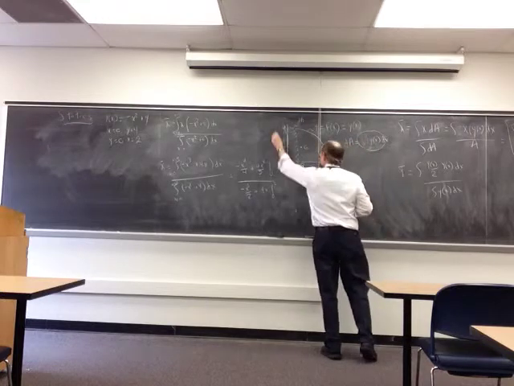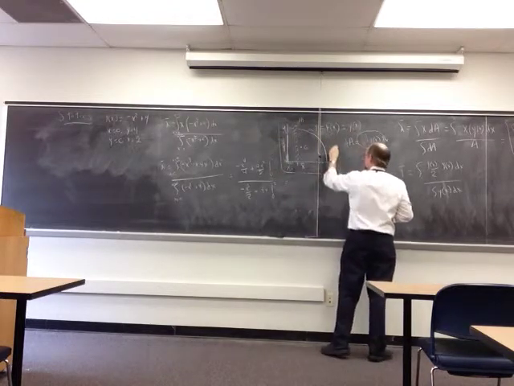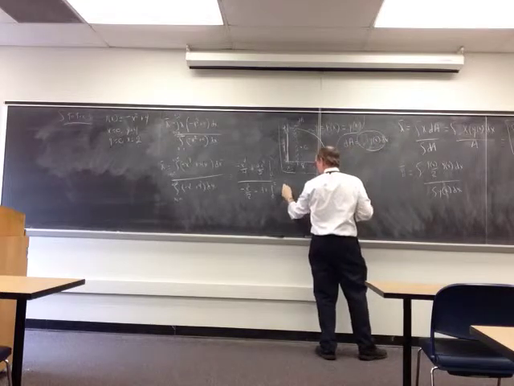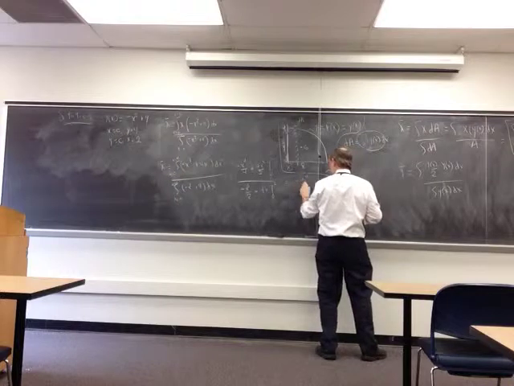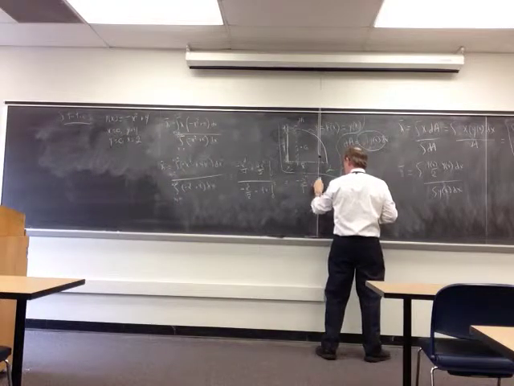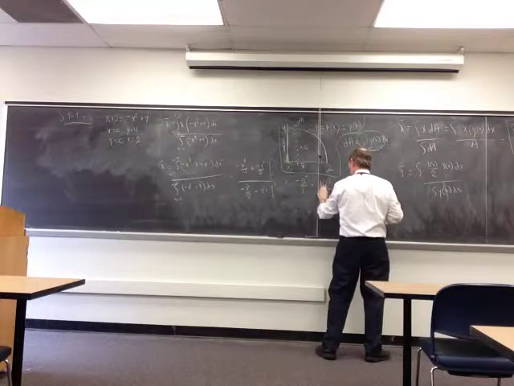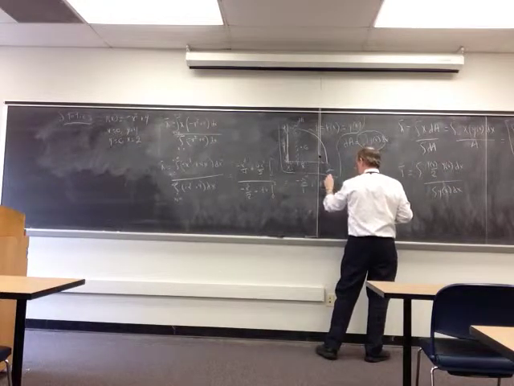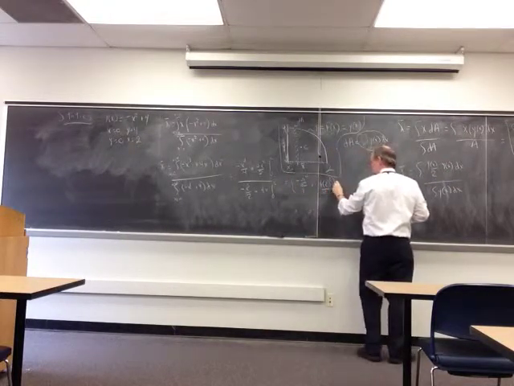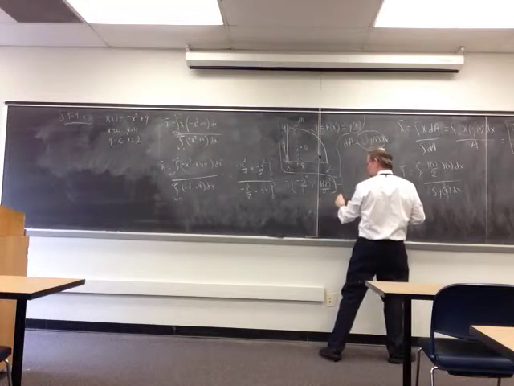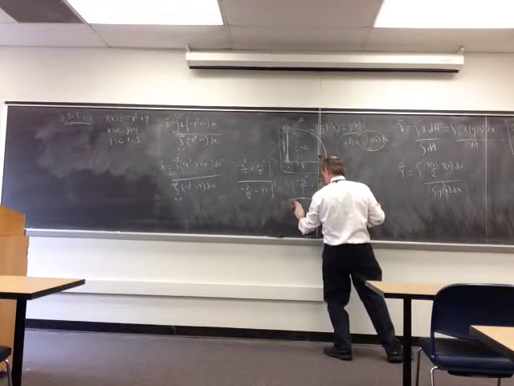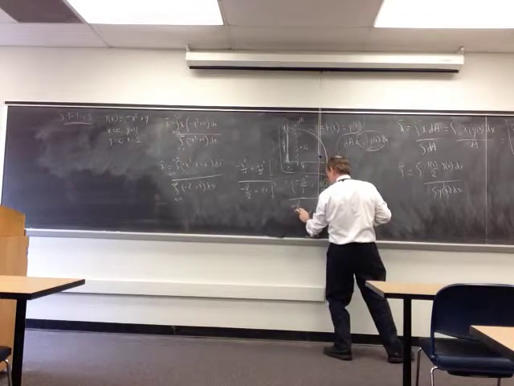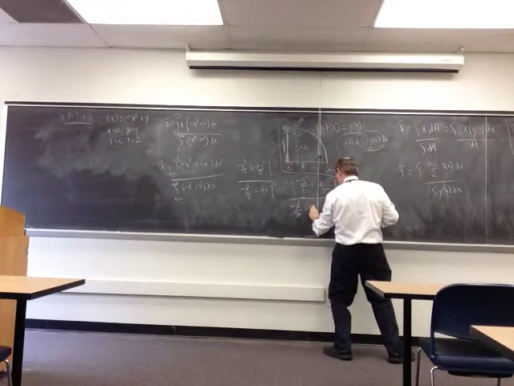So this is minus 2 raised to the power of 4 over 4 plus 4 times 2 squared over 2. And we can divide that by minus 2 cubed over 3 plus 4 times 2.